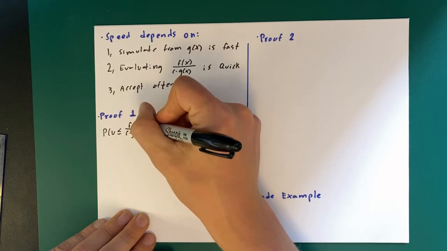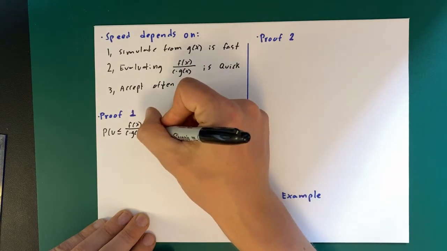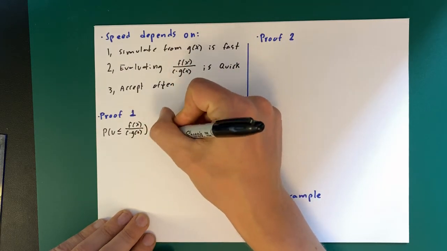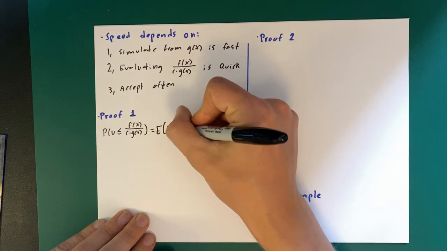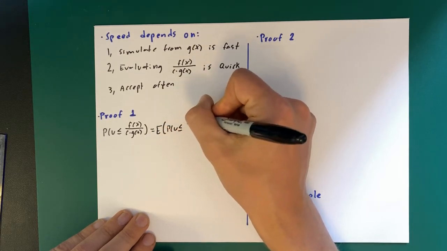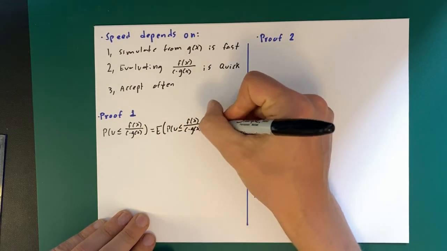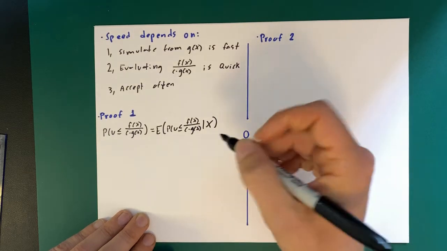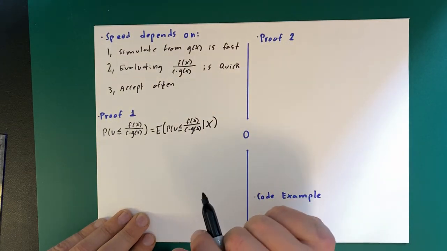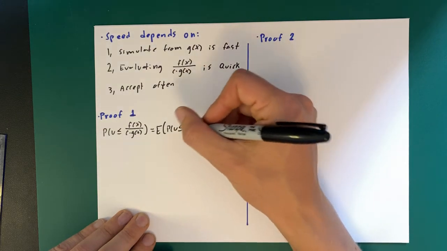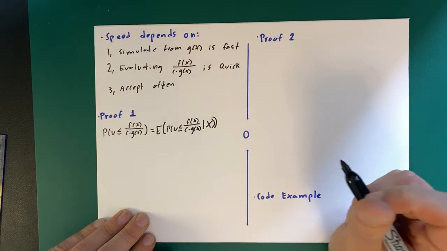This is our definition of when we would accept a sample, and we'll take the expectation of this conditional on X, so conditional on the sample which was generated.